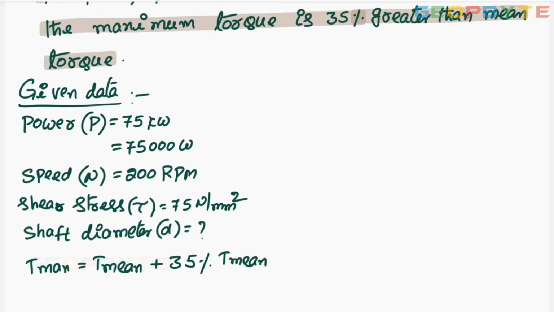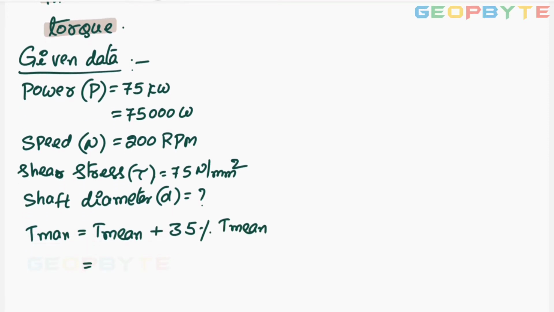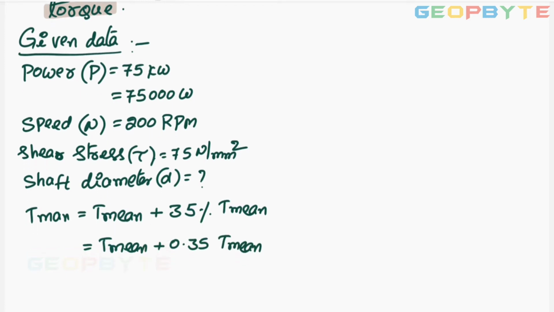It is equal to T mean plus 0.35 times T mean, which is 1.35 T mean. That is the meaning of the given condition.